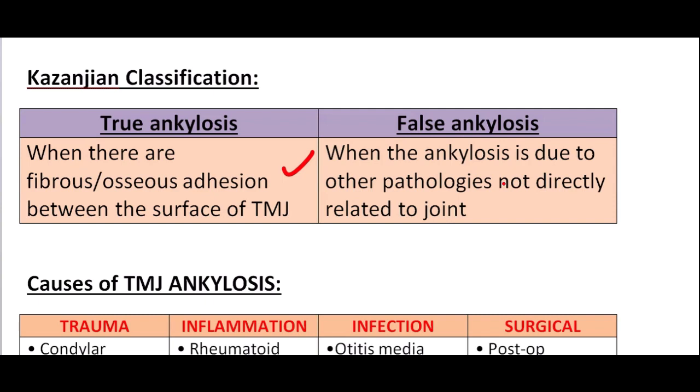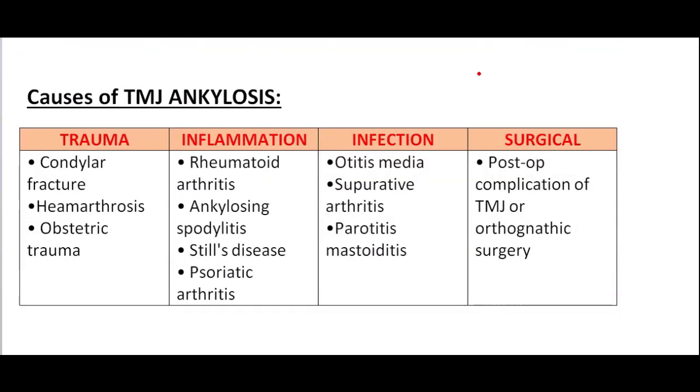When we discuss whether the ankylosis affects one side or both sides of the joint, we refer to it as unilateral or bilateral. Now, what are the main causes of TMJ ankylosis? Remember, two primary factors stand out as major contributors to the development of TMJ ankylosis.